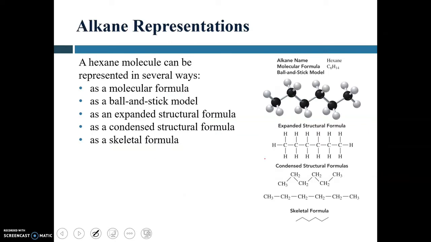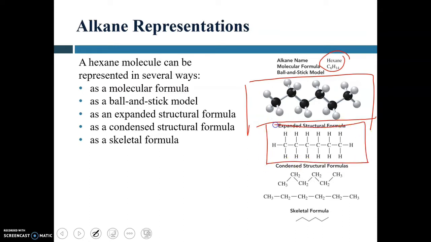So let's take a look at the representation of more complex alkanes, such as hexane. Hexane, which contains 6 carbons, can be represented as the molecular formula, the ball and stick model, which of course nobody's drawing by themselves, an expanded structural formula, which takes a lot of time to draw, a condensed structural formula, either of those is fine, and as a skeletal formula.